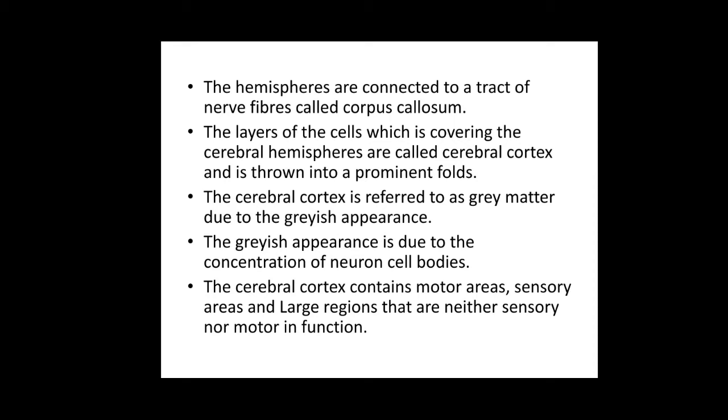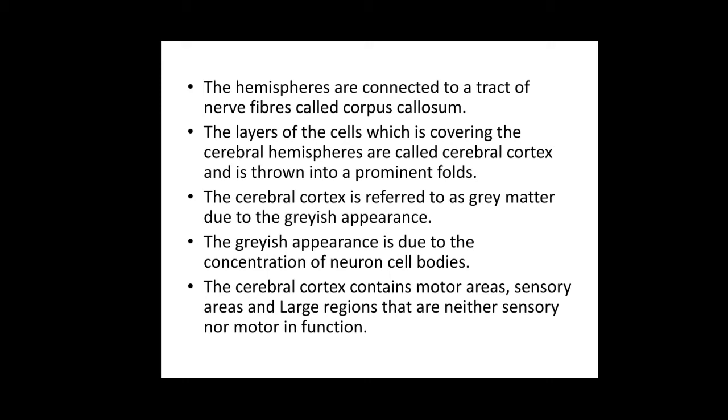Gray matter is due to the grayish color, and white matter is due to the white color. The grayish appearance is mainly due to the higher concentration of neuron cell bodies. That's why it is called gray matter.